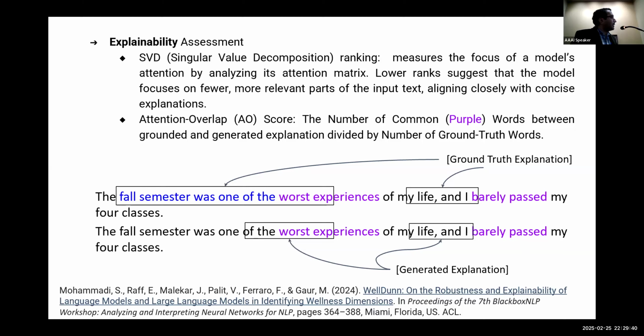For attention overlap score, simply we try the number of common words between grounded and generated explanation divided by the total number of grounded truth words.